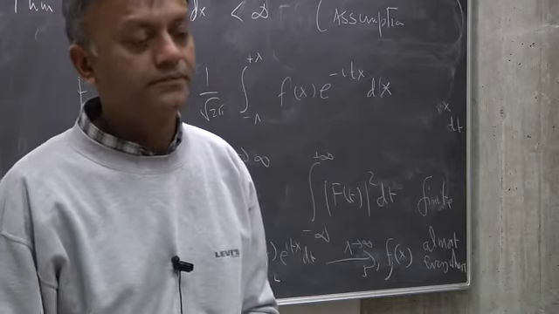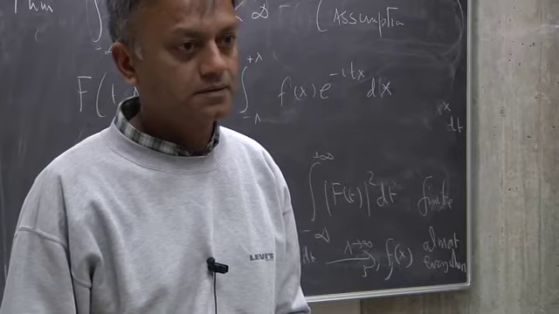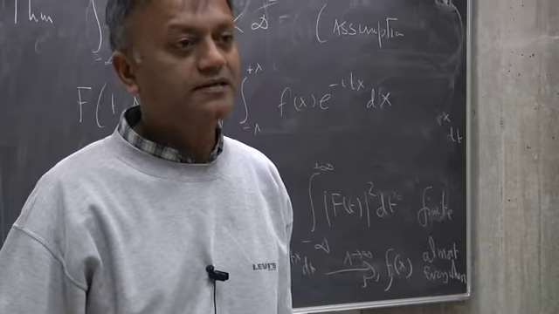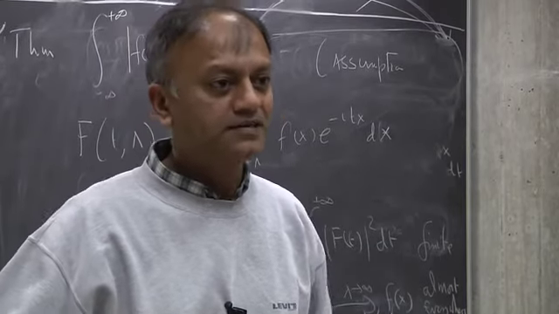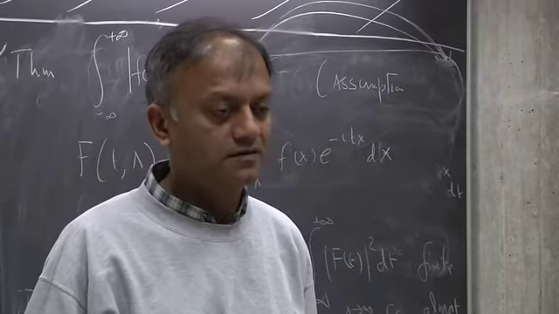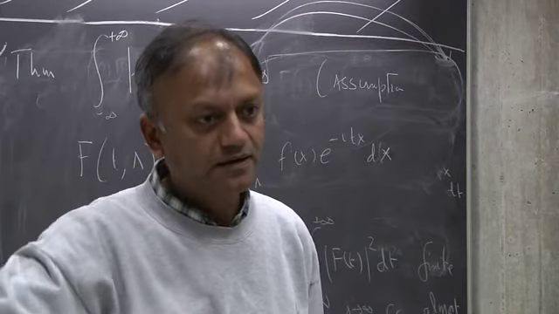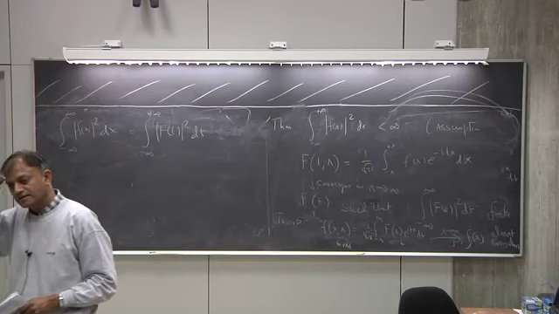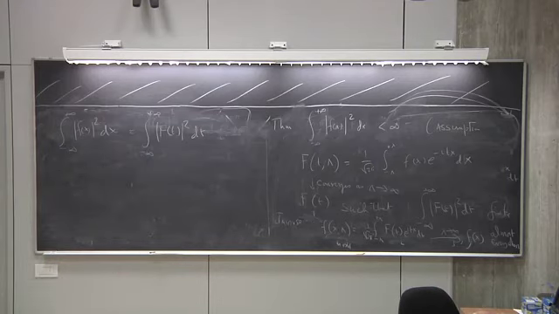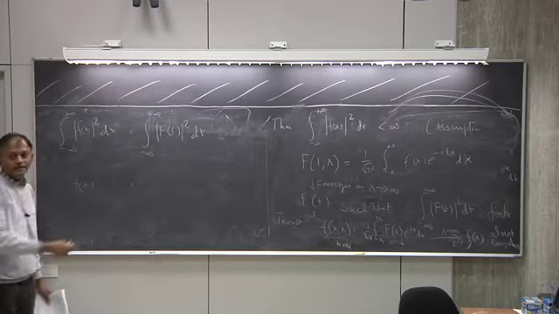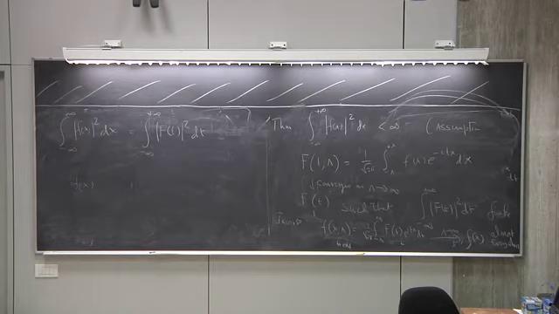For a given function, are we able to find the Fourier transform? It depends on whether the integral makes sense. Sometimes the integral will not even be defined. There must be some convergence property, because now the interval is infinite. For example, if f of x is blowing up at infinity, there is no Fourier transform of that.